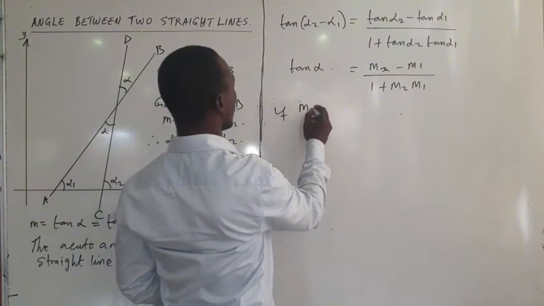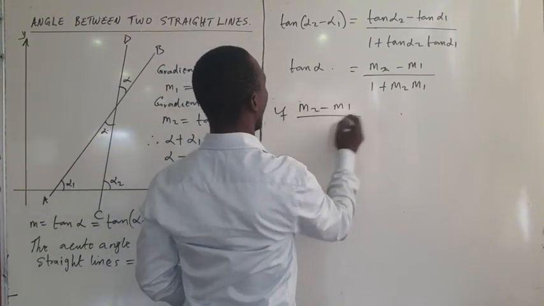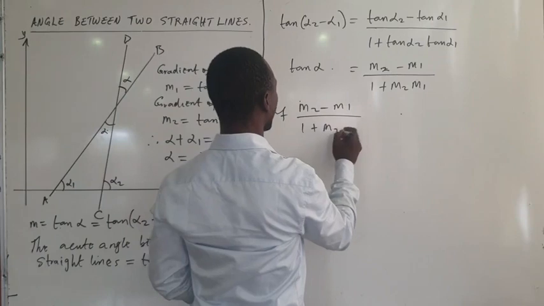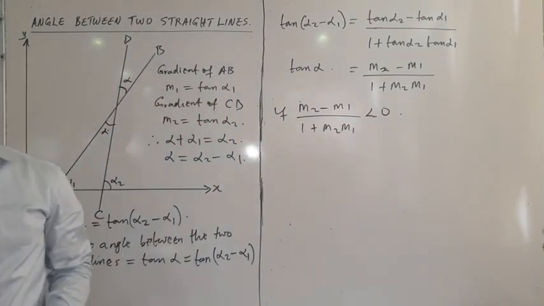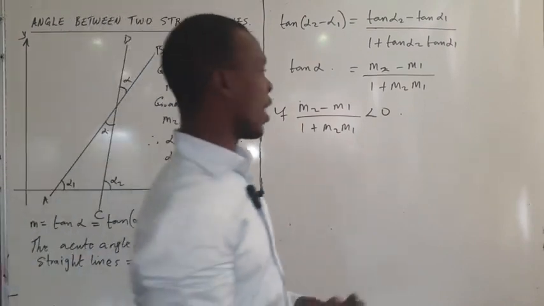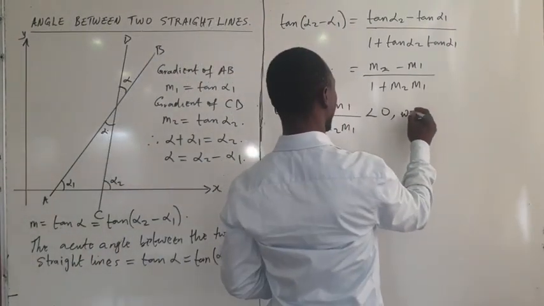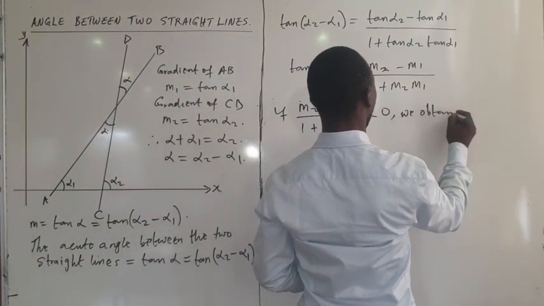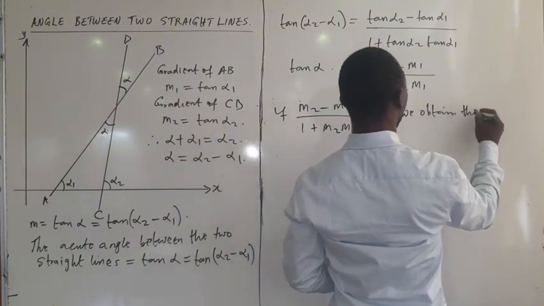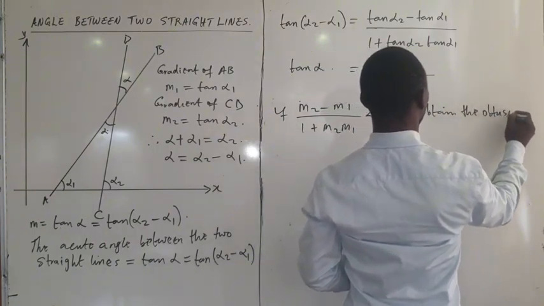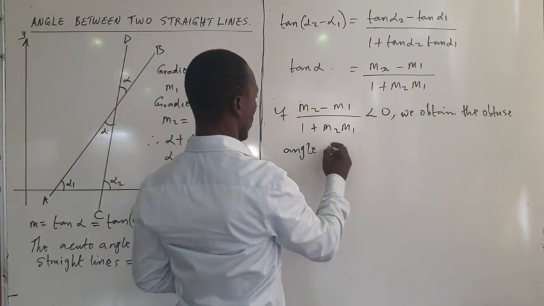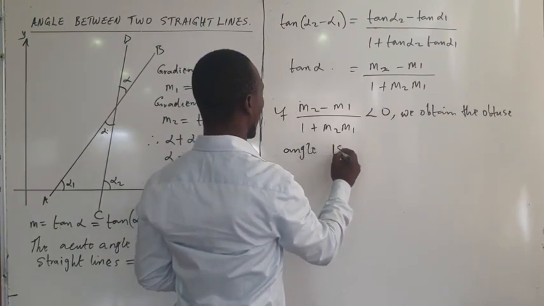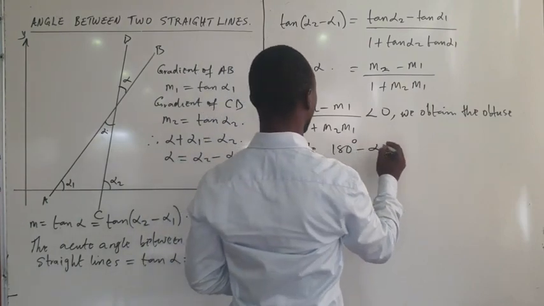But if m2 minus m1 all over 1 plus m2 m1 is less than 0, what will happen? We are going to obtain the obtuse angle, which is 180 degrees minus alpha.